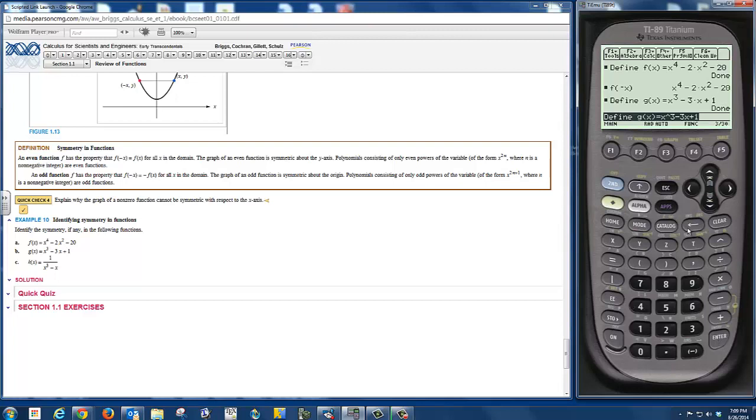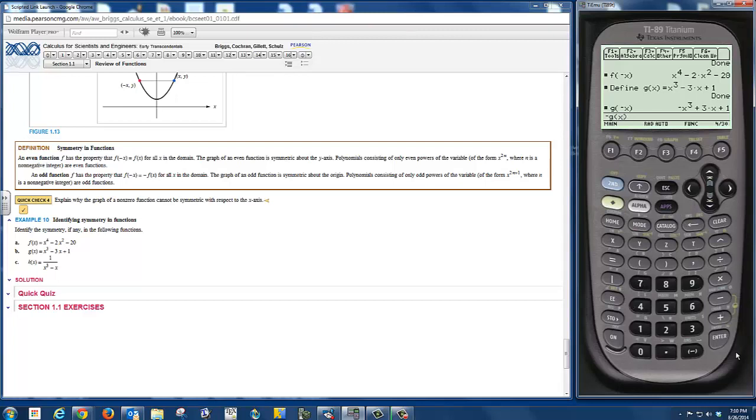So let's check for even or odd. We need to evaluate g of negative x. And that is not the same as negative g of x. It's not the same as g of x either. You can double check by evaluating negative g of x.